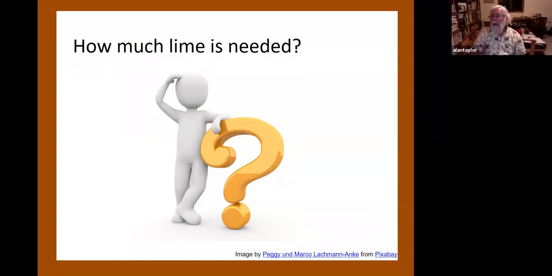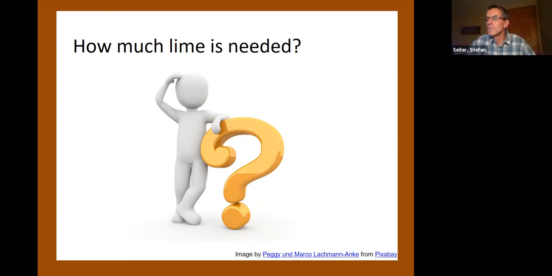Okay. And the last question that I see in the chat, are there other amendments that you would recommend being applied in the fall? Other amendments other than lime that would also benefit by fall addition? A well-cured compost is fine to add in the fall, because from a well-cured compost you don't expect a whole lot of nitrogen benefit.